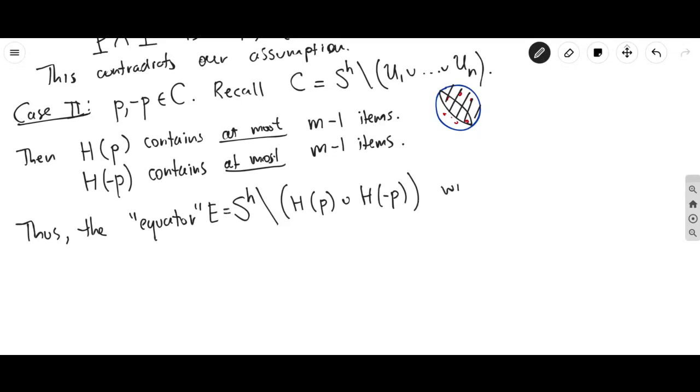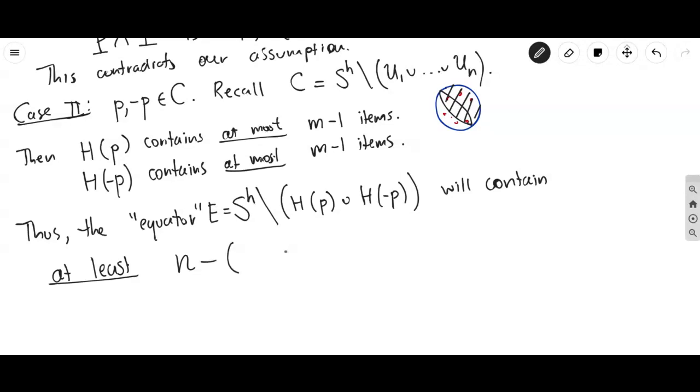So then the equator will contain at least, how many points do we have in total? We have in total n items.